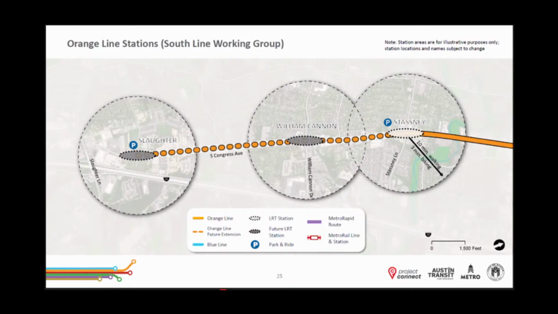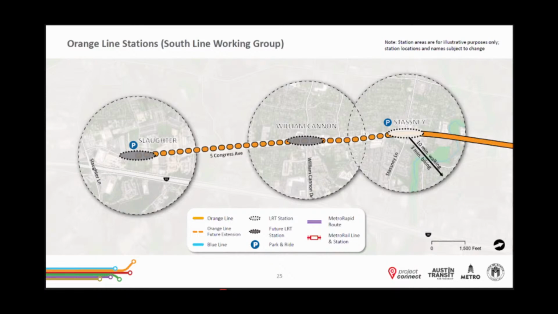As indicated by the dotted orange line, the Slaughter and William Cannon stations are not part of the initial investment, so they would likely not be built as part of the first project, but could be built as part of a future extension. Slaughter Station would likely be near the Ralph Ablanedo Drive and would include a park and ride connected to I-35.